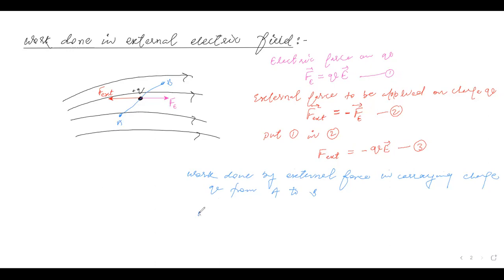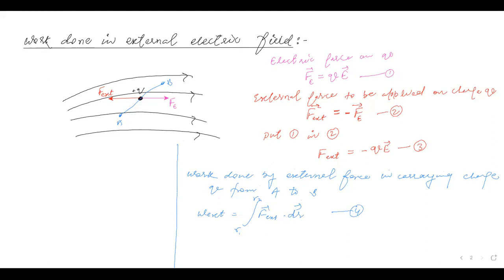We can write W external is equal to the integration from R1 to R2 of F external dot dr. This is your equation number 4.